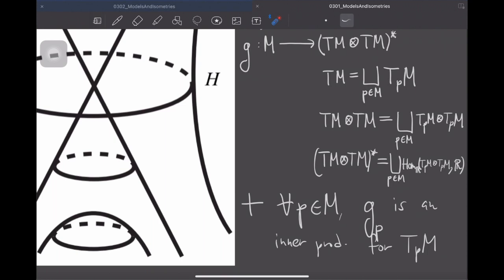When you let the point move, and hence the basis with it, within a chart, the matrix representing this one with respect to that basis, its entries move smoothly, right?